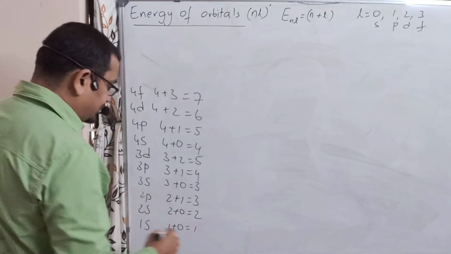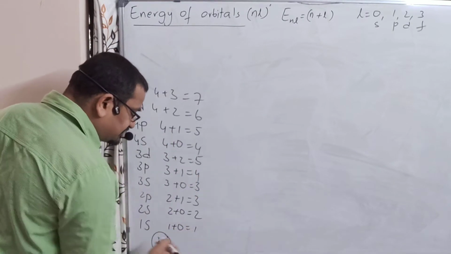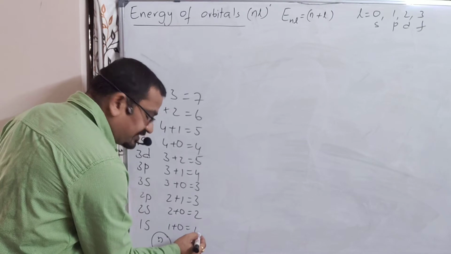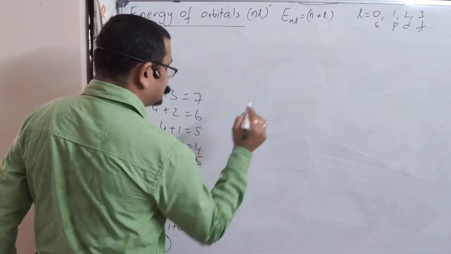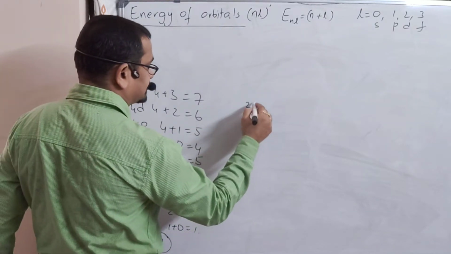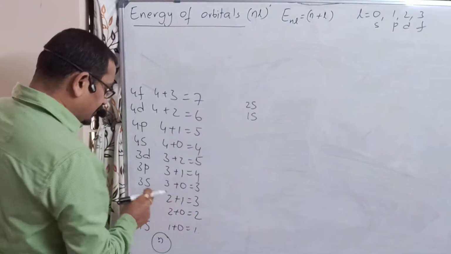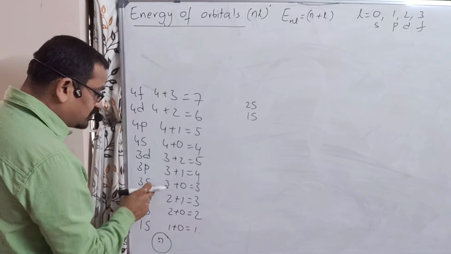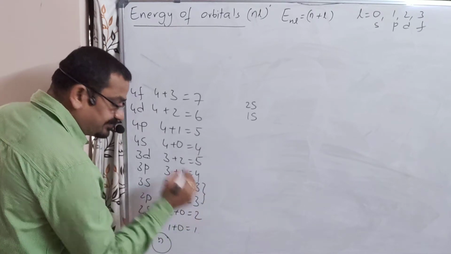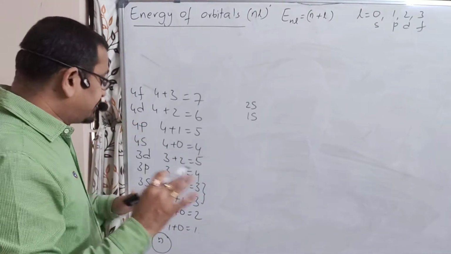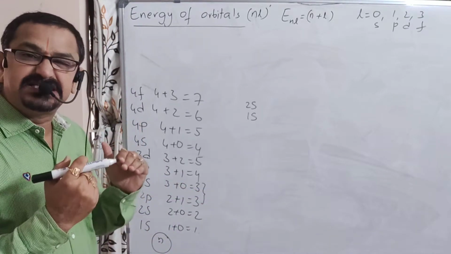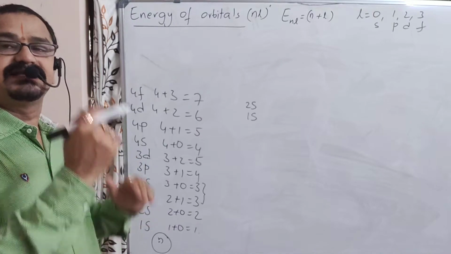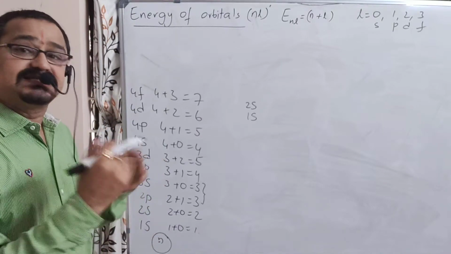Now, our question is, among all orbitals, which orbital is of least energy? 1s is of least energy. Next, 2s. Next least energy, we have 2p and 3s, both having the same energy. Have you noticed? When different orbitals have the same energy, the one with the lower principal quantum number must be considered as lowest among them.